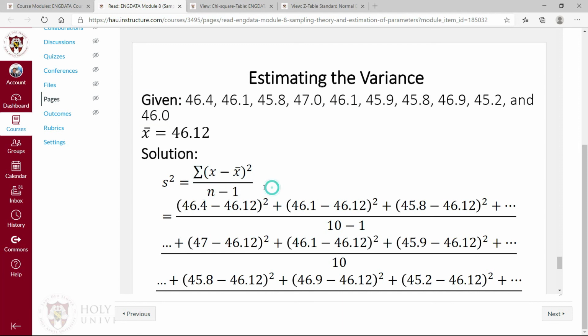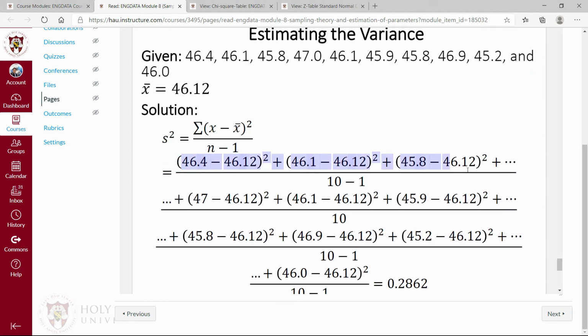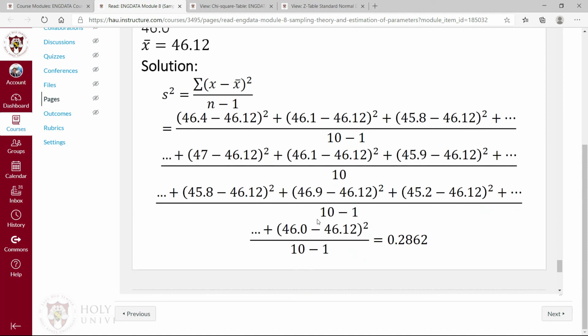So x minus the mean, where mean is 46.12. So x refers to 46.4, 46.1, and so on. So 46.4 minus mean, squared, plus 46.1 minus mean, squared, then 45.8 minus mean, 47 minus mean, and so on, up to the last value of 46.